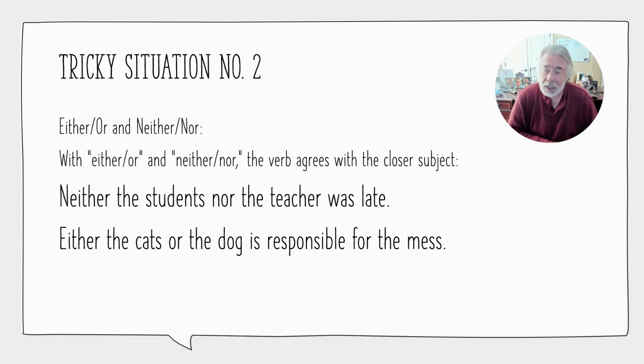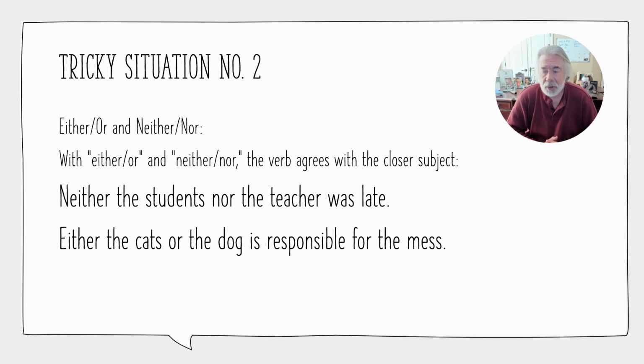Okay, now we're getting way out into the weeds, but this is another one that tends to really confuse people, and that is the either/or, neither/nor situation when we're talking about subject-verb agreement. When you are deciding which verb form to use with neither/nor or either/or, you base it on which noun is closest to the verb.